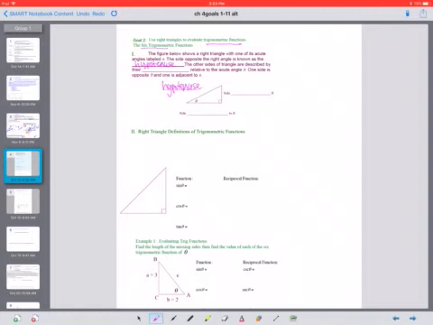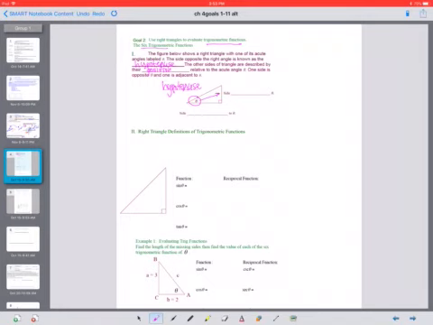The other sides of the triangle are described by their position relative to the acute angle theta. One side is going to be opposite theta and the other side is adjacent to theta. So you can see where theta is placed in this example.